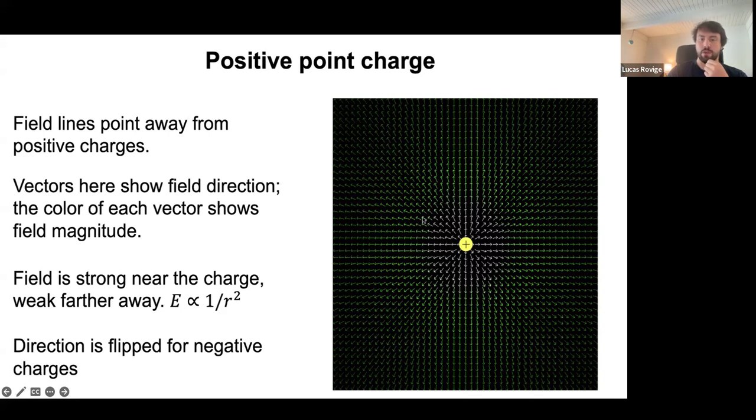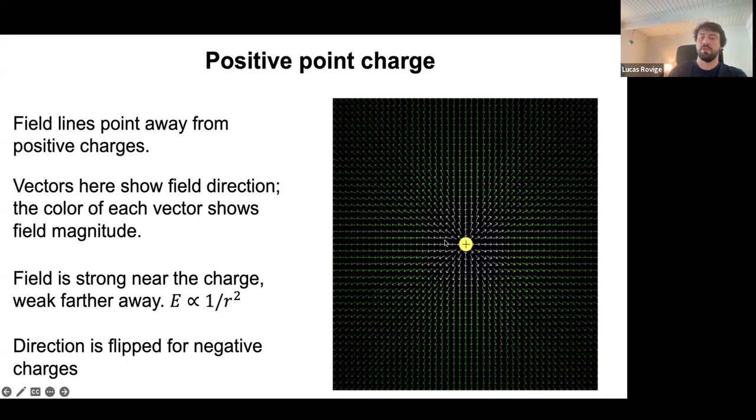White is high amplitude, bright green is intermediate, and darker colors are really dropping in amplitude. So we see that the electric field is pointing outward for this charge and dropping in amplitude as we get away from the point charge.